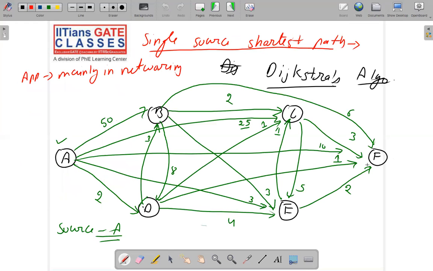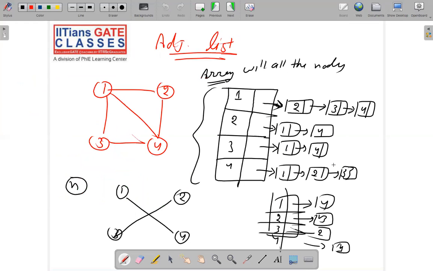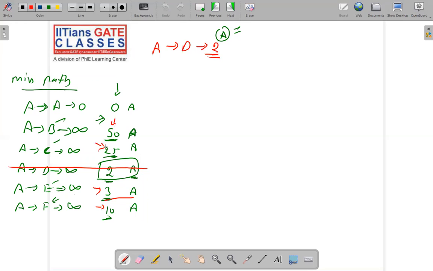We can reach F with 3 cost only. Right now we are reaching F with 10. Instead of 10, we will reach F with 3 via D. And E is the same. This is already sorted.